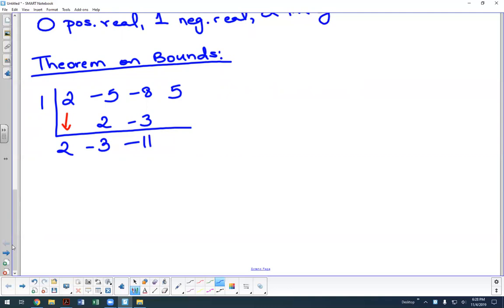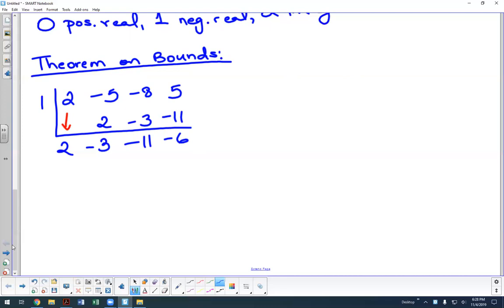I will, however, go forward, and I'll tell you why in a minute. When I multiply negative 11 with 1, I get negative 11, and these guys add up to negative 6. So you remember how positive 1 and negative 1 are our possibilities in the rational zero theorem? So obviously, 1 doesn't work out because we didn't get a 0 remainder. So that's why I wanted to finish the 1.